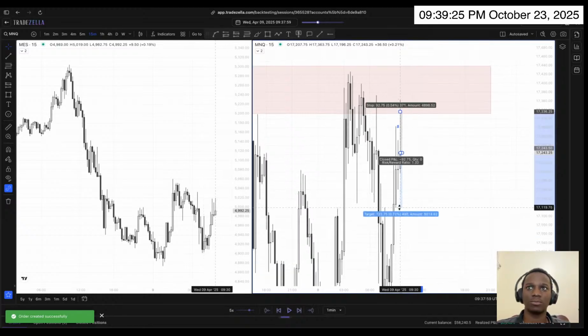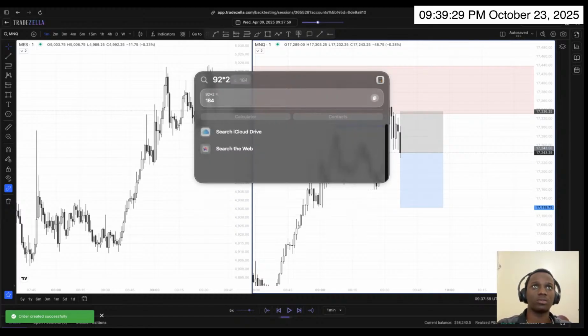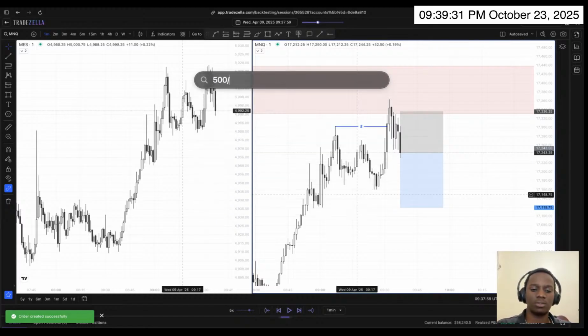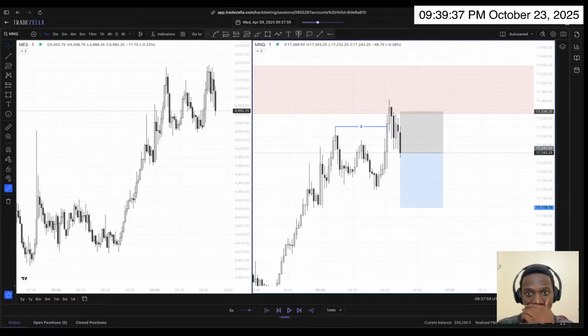Get a 15-minute low, probably there. That's 92 times 2. 400 over 184. That's 2.7. Gonna sell 3.